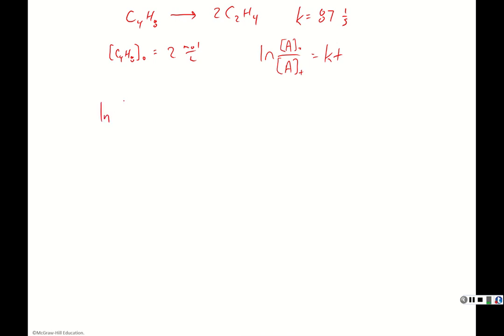So we have ln of A naught, which is 2 moles per liter, 2 molar, divided by our concentration at time t, C4H8, equals the rate constant, 87 per second, times the time we're given, which is 0.01 seconds.